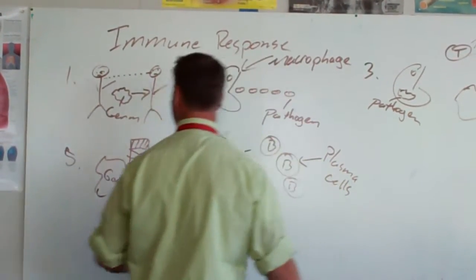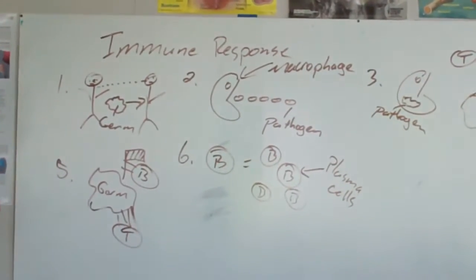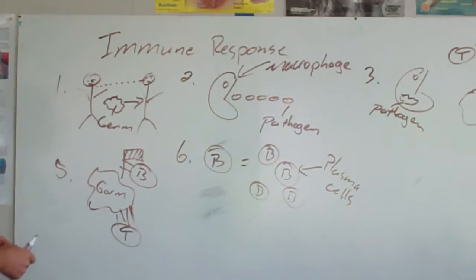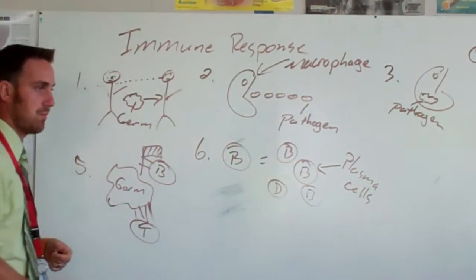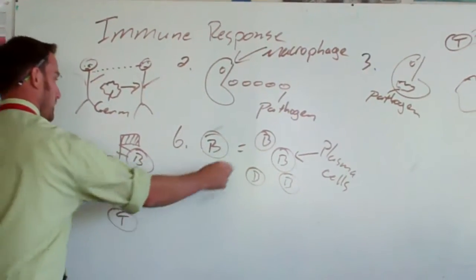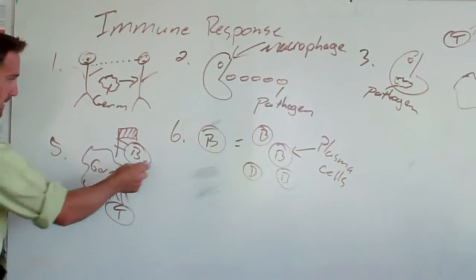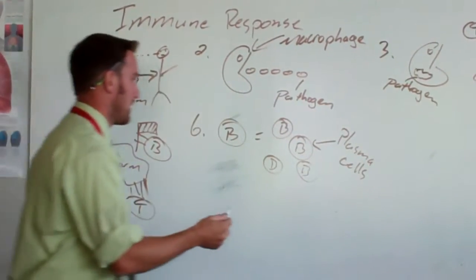Because if you have pathogens inside of you, they're going to divide, multiply, infect cells, so your body needs more B cells to keep up with the pathogen multiplying. So now all these new B cells are going to go find more germs, more pathogens, and try to stick to them so they can label them as bad and infected cells.